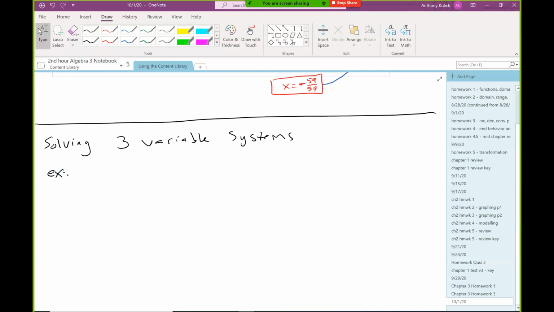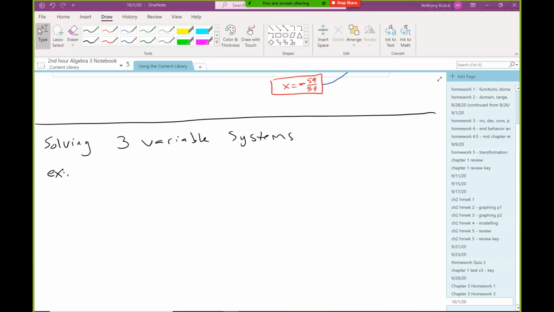Here we're going to give an example, and we'll do this example both by substitution and by elimination. From there on out, I'll let you pick whichever method you want. For 3-variable systems, I won't require you to do either substitution or elimination. I'll just let you choose.